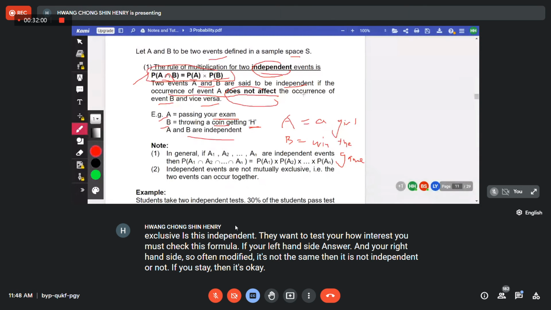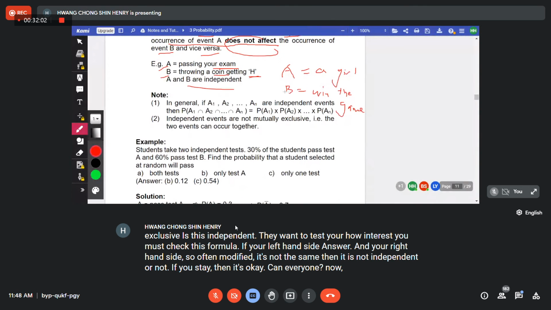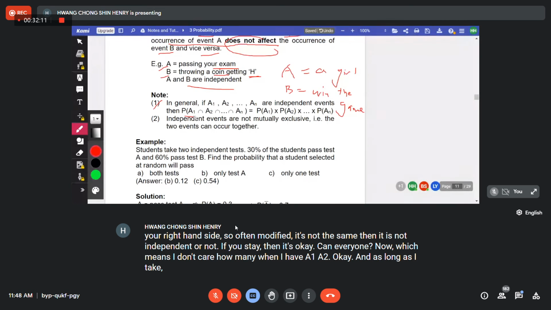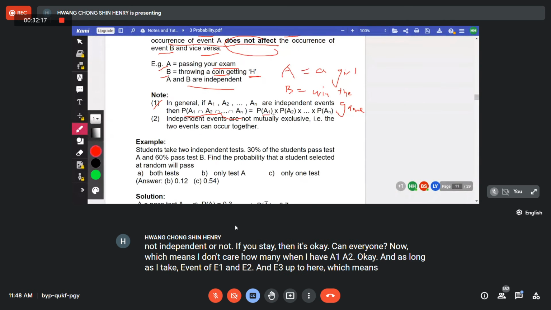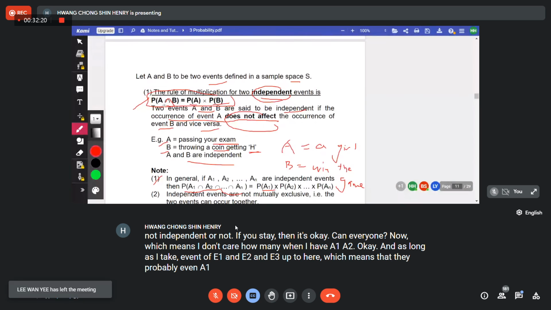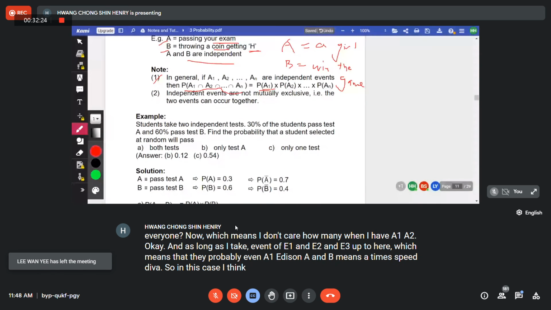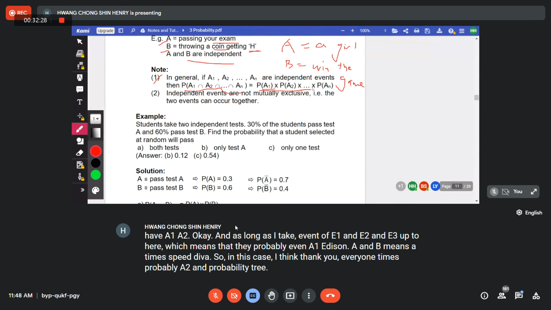Now, I don't care how many events I have, A1, A2, up to AN. As long as I take the event A1 and A2 and A3 up to AN, I take the probability of A1 times the probability of A2 times the probability of A3 up to the last probability AN, like A and B means P(A) times P(B).